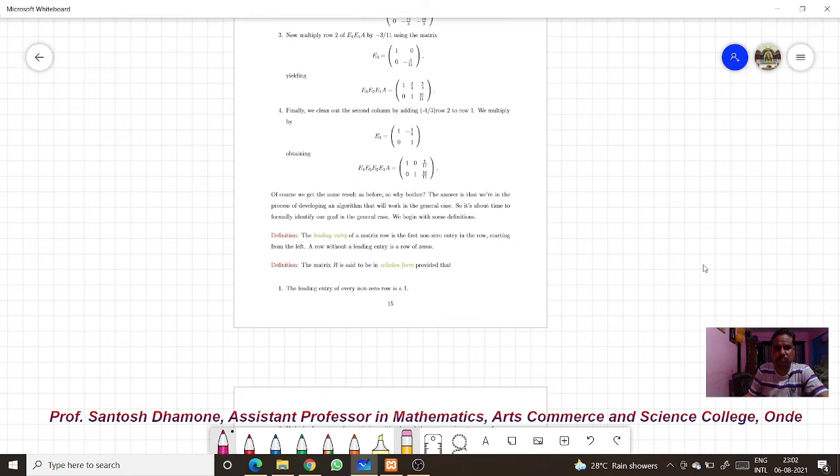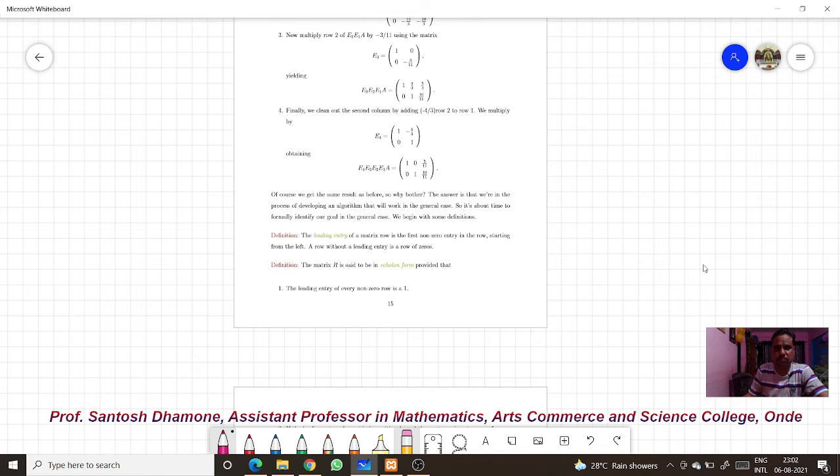A row without a leading entry is a row of zeros. Suppose there is no leading entry, that means all elements in this row are zeros. Okay, this is a zero row.